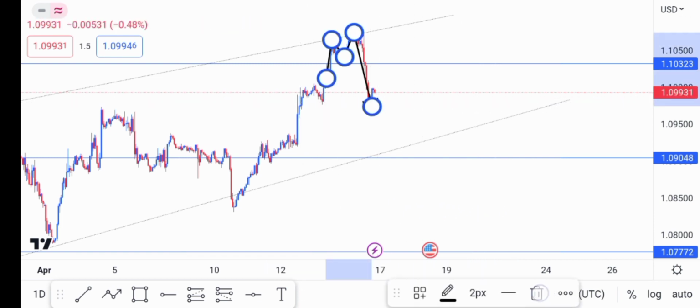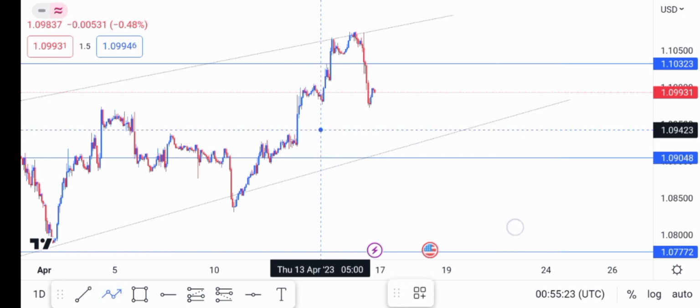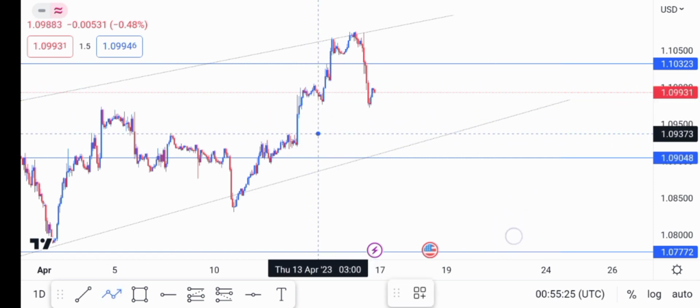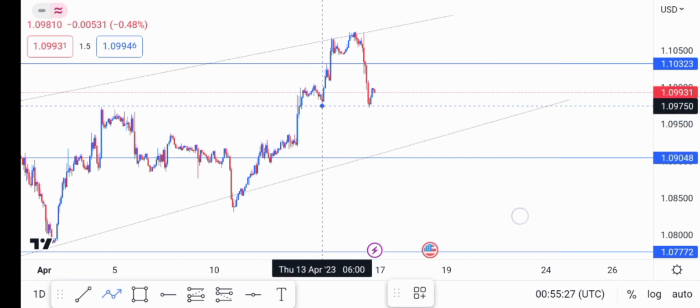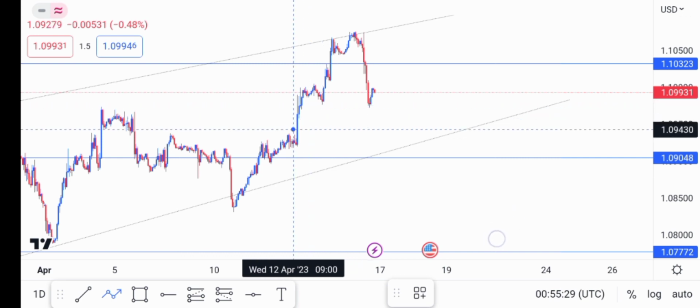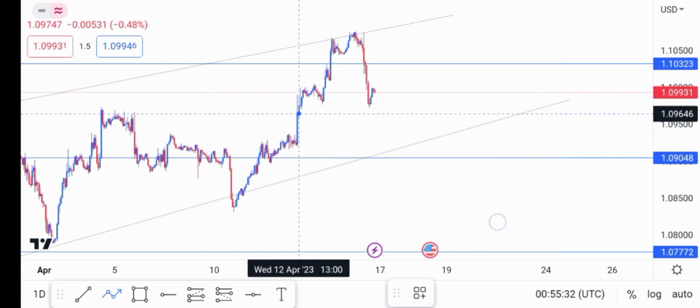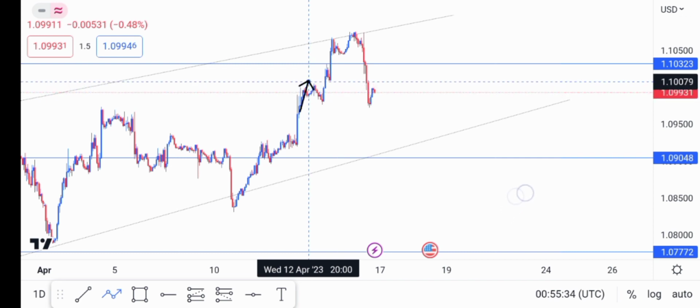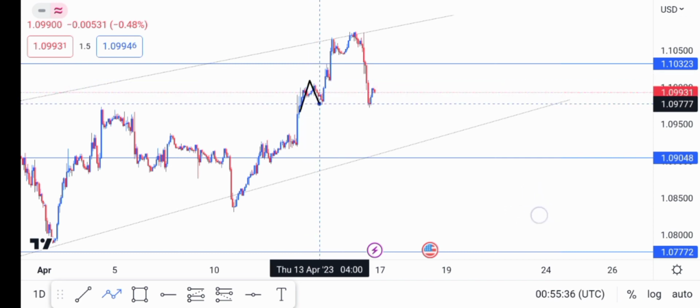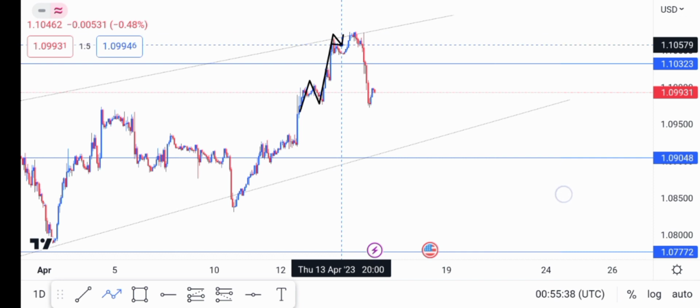Then we enter up until here. So here is the first M level, and now we're going to have, let me see, it seems like the market, so you can see how the market has been moving.